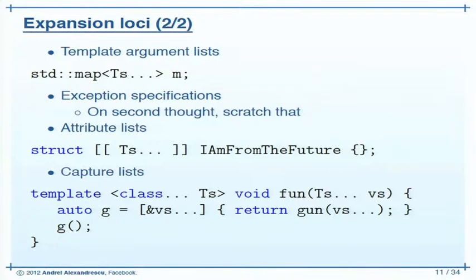Finally, capture lists. And this is actually very interesting. Let's take a look. So we define a variadic function fun. It takes these v's. And guess what? I define a lambda that decides to capture the entire parameter list of fun, whatever it was. 0, 1, or more values, right?